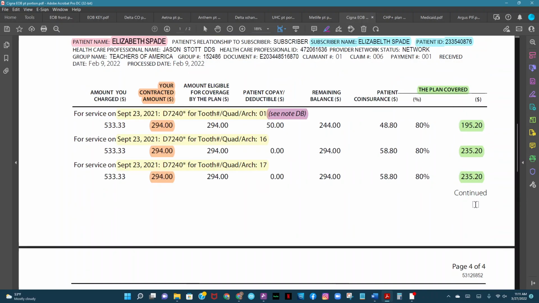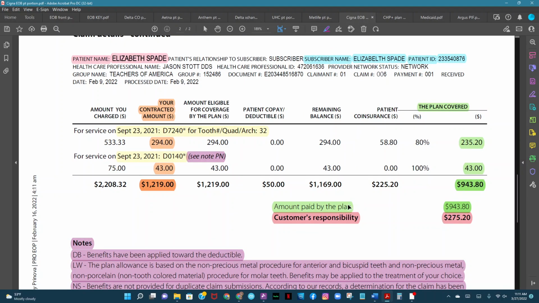Make sure you always look for the totals here. Amount paid by the plan, they paid $943.80. As you can see, it matches there. And the customer responsibility, $275.20. As you can see, patient coinsurance, again, this total does not match here. It is because of the deductible that's over here.